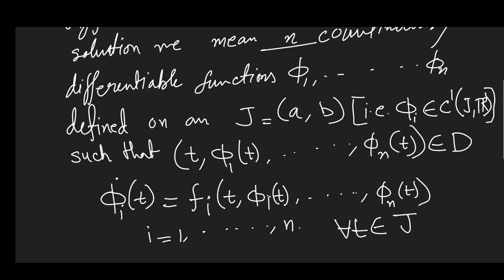Now why are we doing so? Because we want to establish some relation between the initial value and the final value. Obviously initial value and final value depend on where you start and where you end, right? So it is very important.